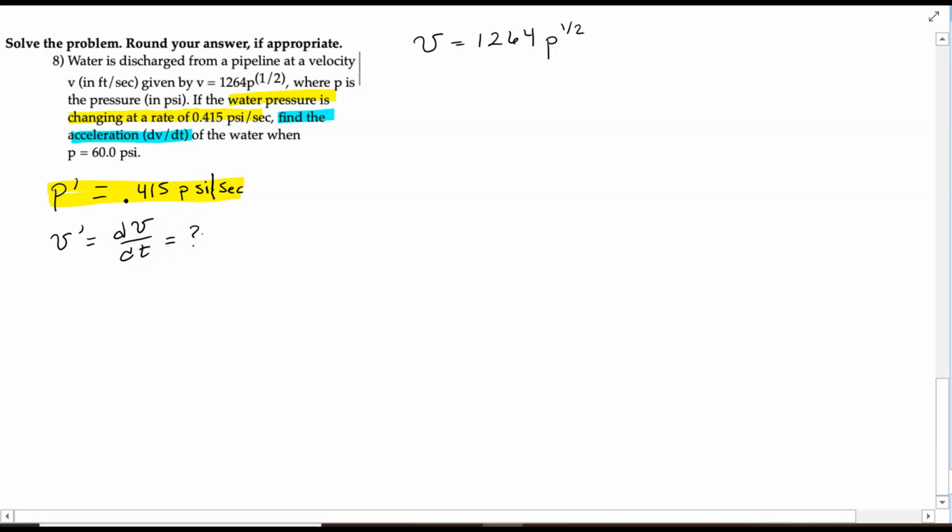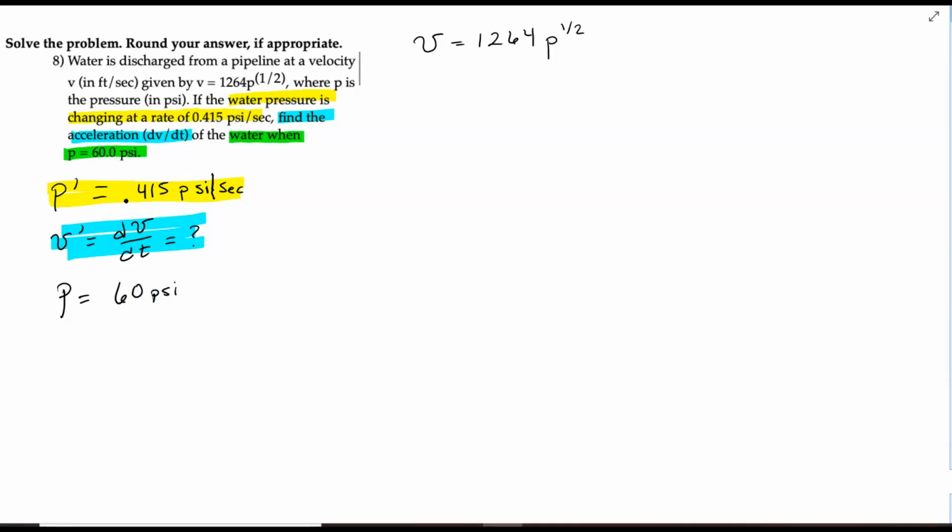We don't know what it is, but let's highlight that in blue. When the pressure is 60 psi, so they gave us P equals 60 psi, I'm going to also write that down.